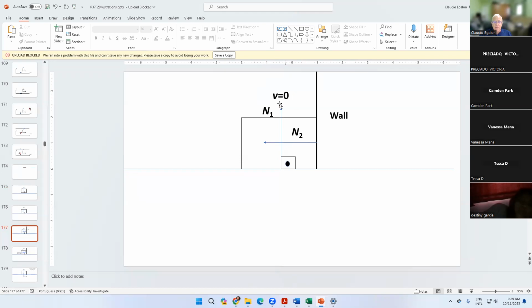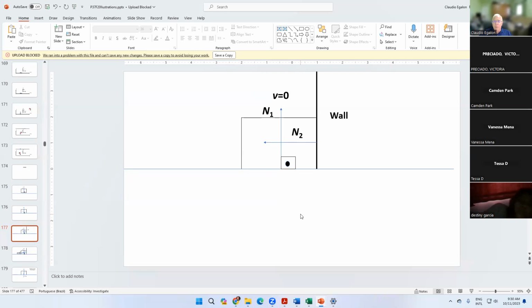But since the object is at rest, there must be other forces here that I'm not documenting. This free body diagram is an incomplete free body diagram.